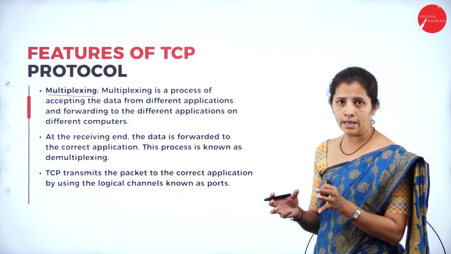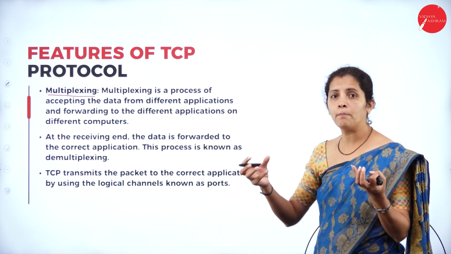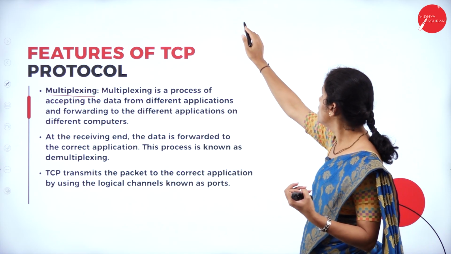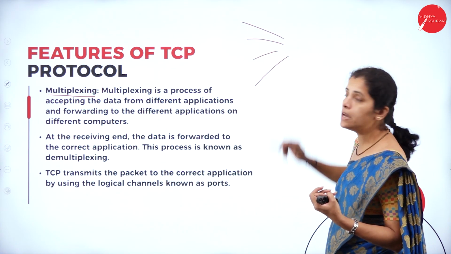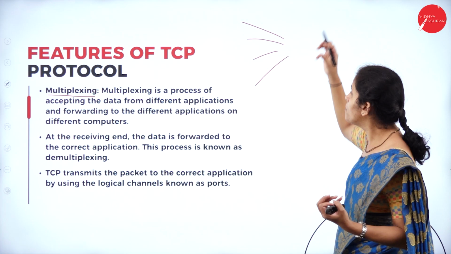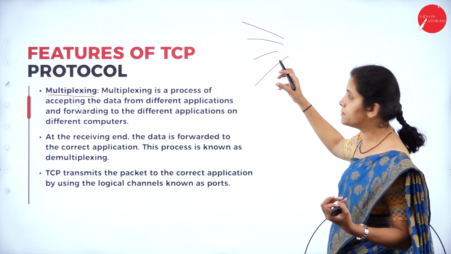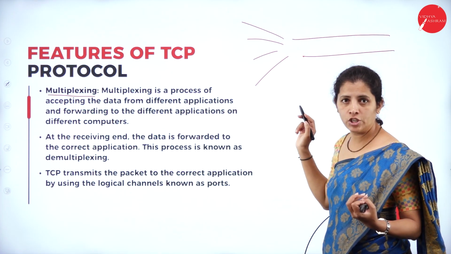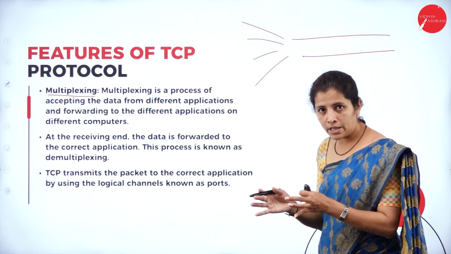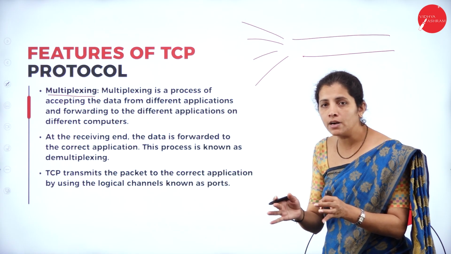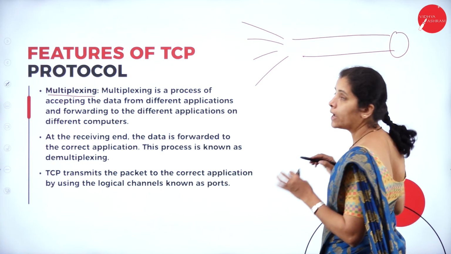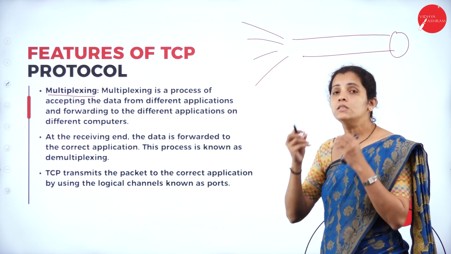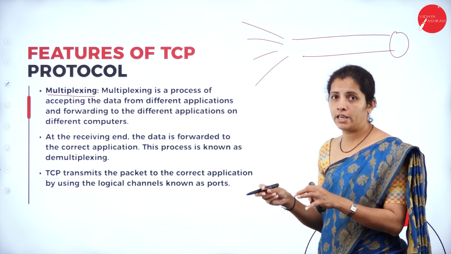So in multiplexing, we accept many inputs from many devices, combine them into one single stream, and transfer it, and at the end we extract or separate all the applications.